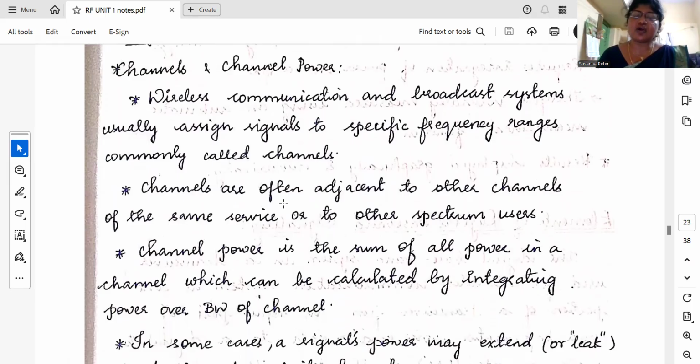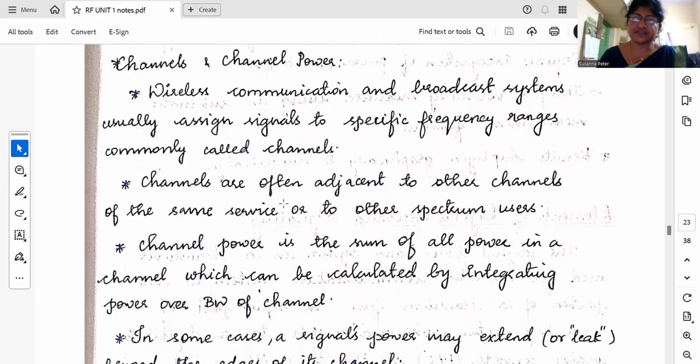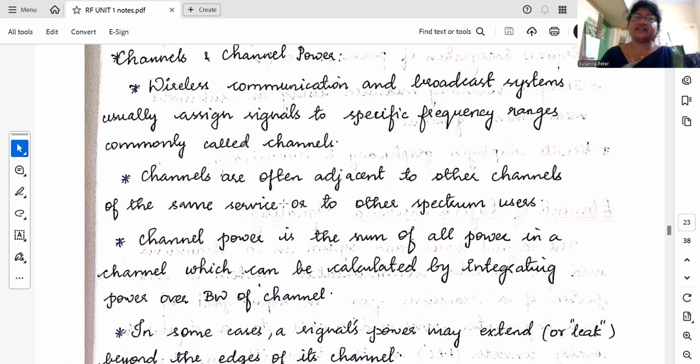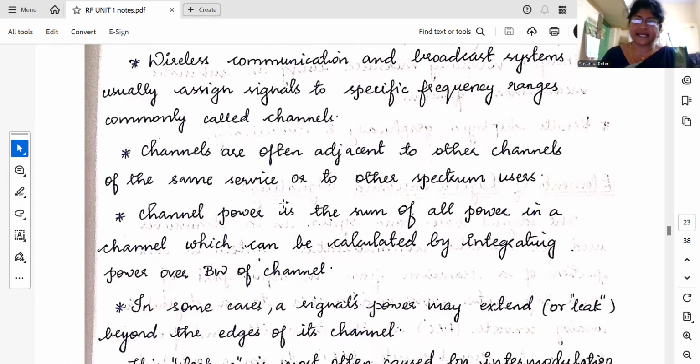Channels are often adjacent to other channels of the same service or to other spectrum users. Channels are each next to each other. If the system is designed properly, the channels will use only their particular signals. But if selectivity or the other parameters are not designed properly in an RF system, adjacent channel interference can take place.